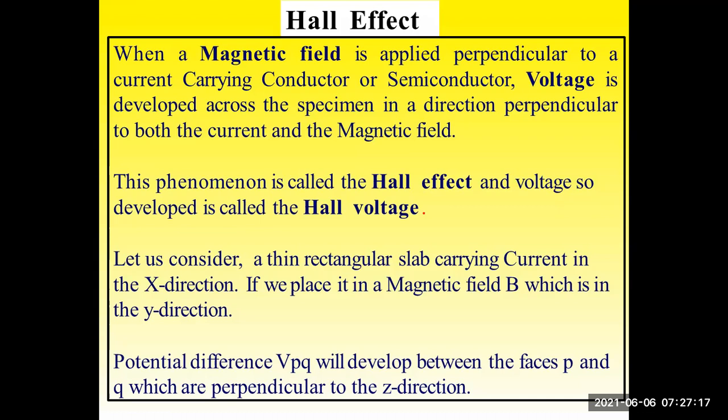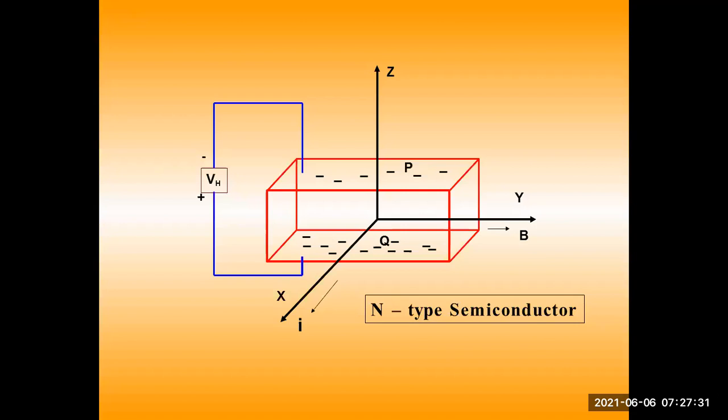And when we talk about the x and y directions, they are exactly perpendicular to each other, you already know. So then a voltage will be developed between these spaces, I will show you.